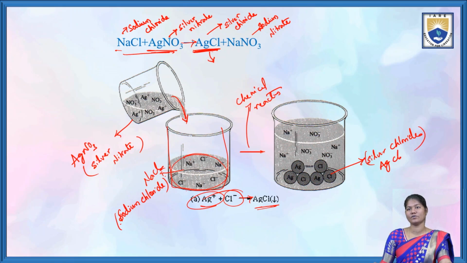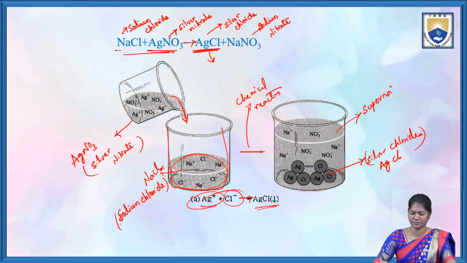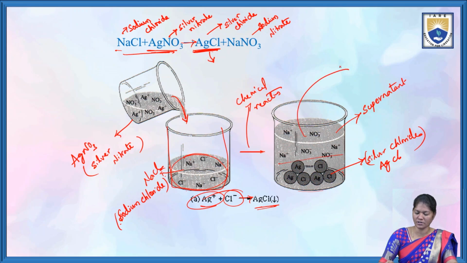The silver chloride precipitate can be seen at the bottom of the solution. The clear solution above is sodium nitrate. This sodium nitrate is the supernatant. This supernatant is poured off and we collect the precipitate.